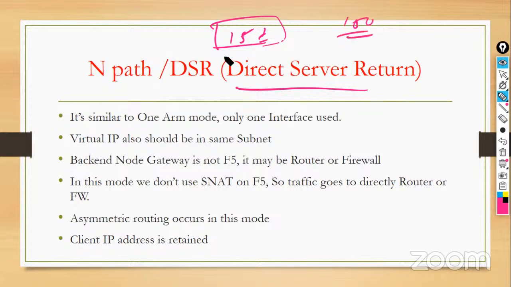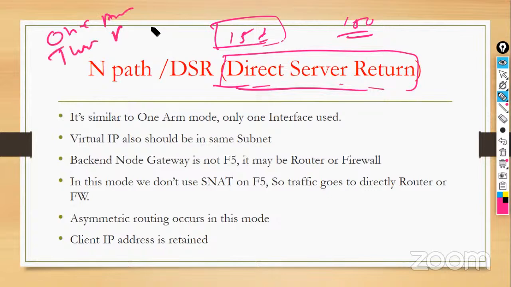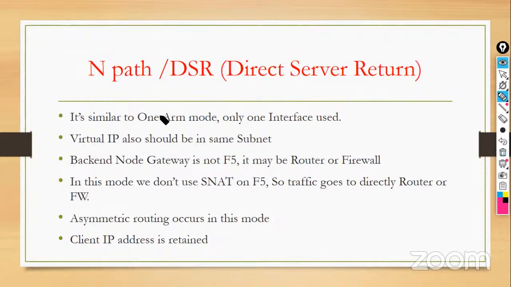I have never seen this topology. I only see one-arm and two-arm. But in this course we have this topology, so that's the reason I'm covering it. You see, it's similar to the one-arm mode, only one interface is used.